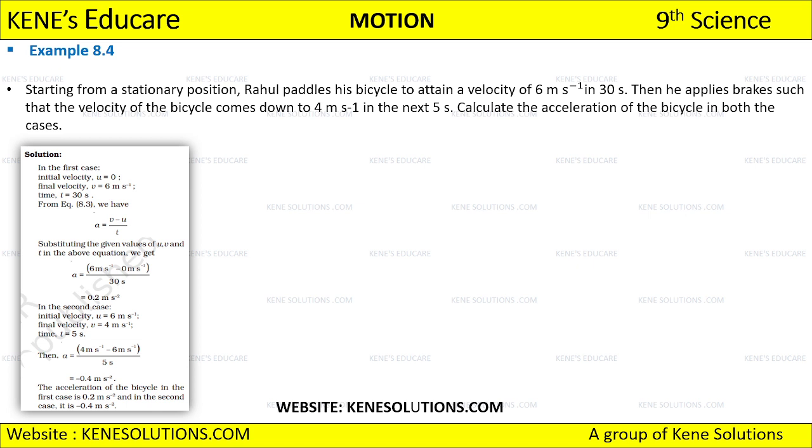Then he applies the brake such that the velocity of the bicycle comes down to 4 meter per second in the next 5 seconds. So for that we have the solution given. So I want you all to please go through the example properly because this is very important. It's going to help you further in solving the sums.